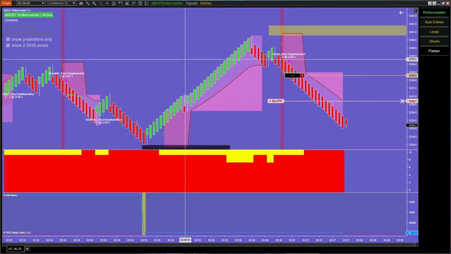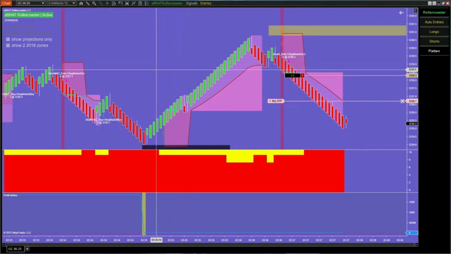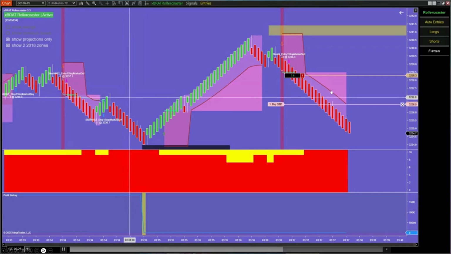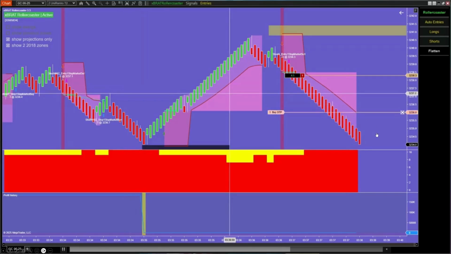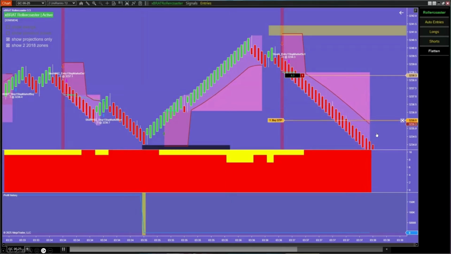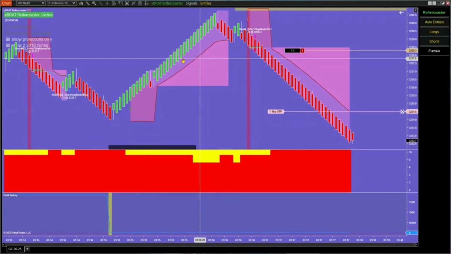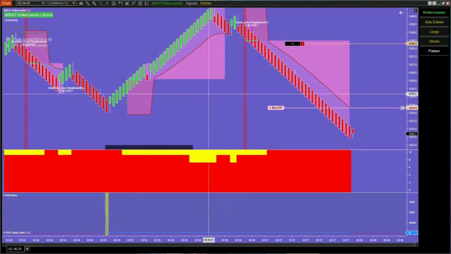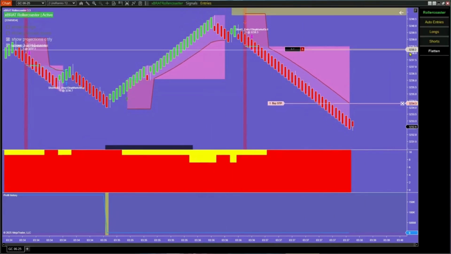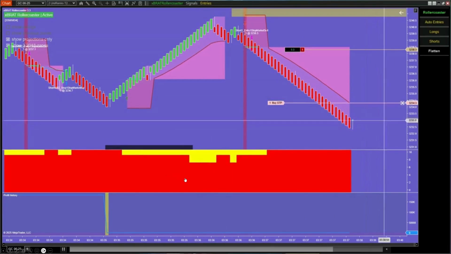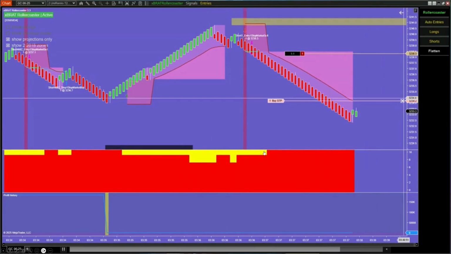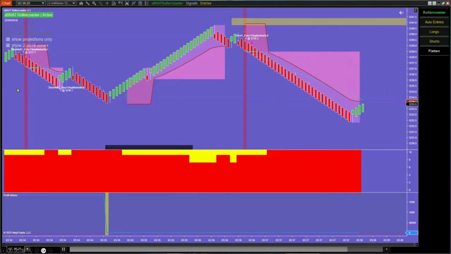And with the roller coaster, this trailing stop line will be followed automatically with that trailing stop. I think at this point I had to readjust the chart because it had gone down too far. And we can see now it just keeps following that particular trailing stop until it gets taken out.